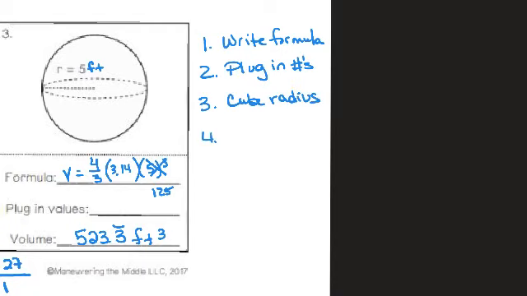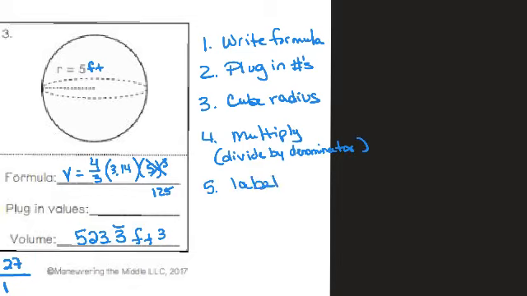Step 4, multiply, and of course divide by the denominator. Step 5, label, okay, with cubed dimensions. All right, so hopefully that's enough to keep you guys going.